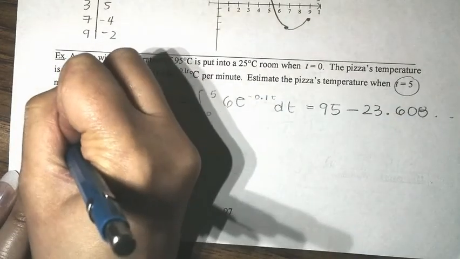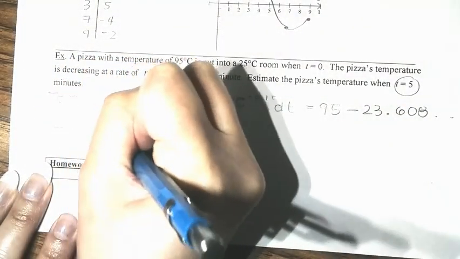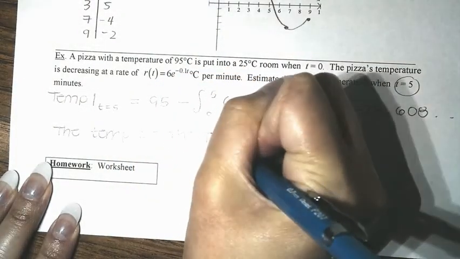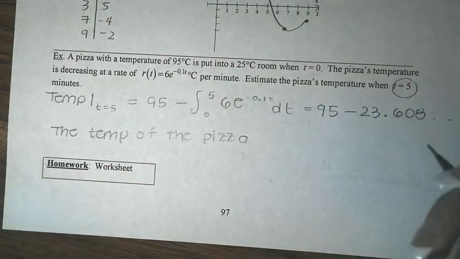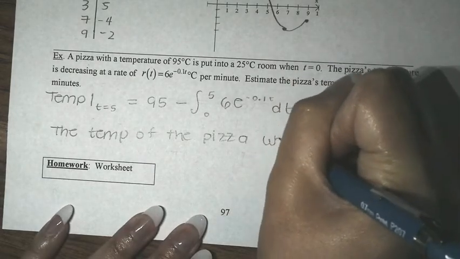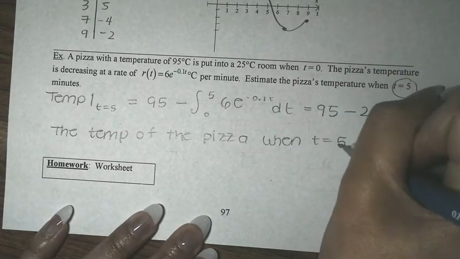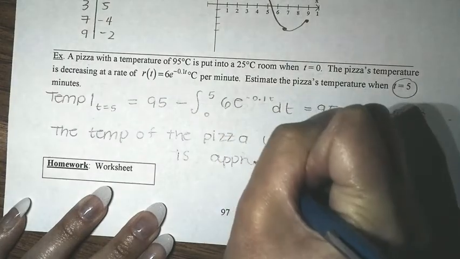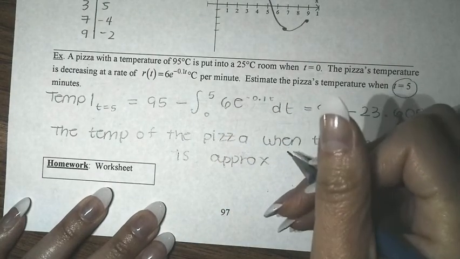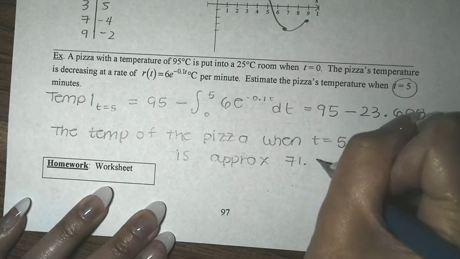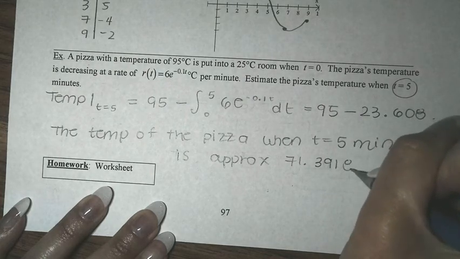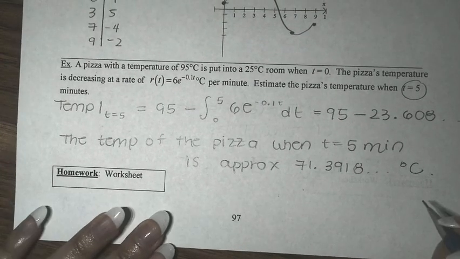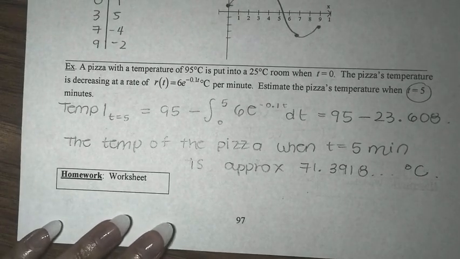The temperature of the pizza when T equals 5 minutes is approximately 71.3918 degrees Celsius. And that's pretty much the answer for this problem.